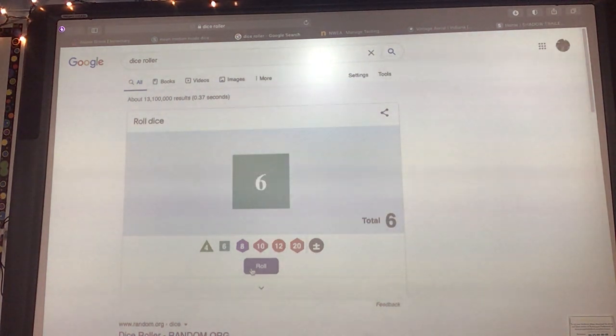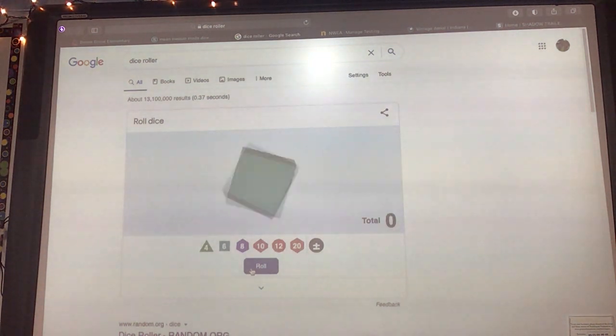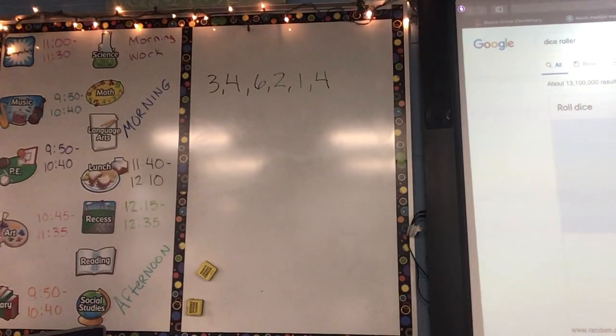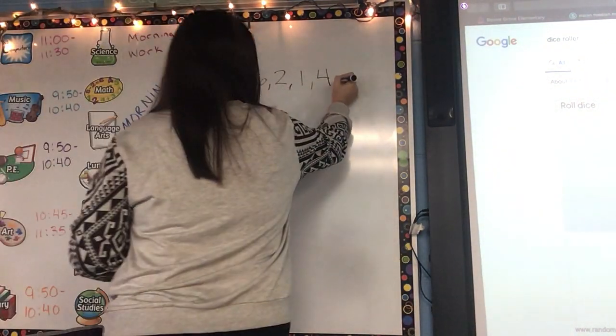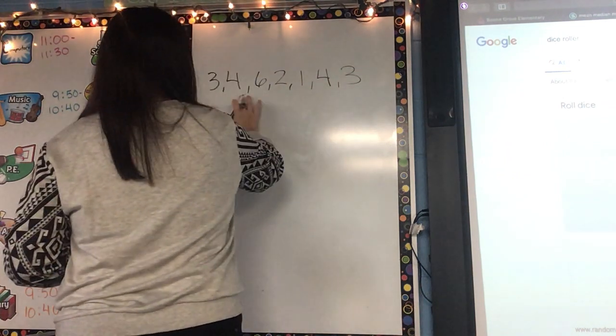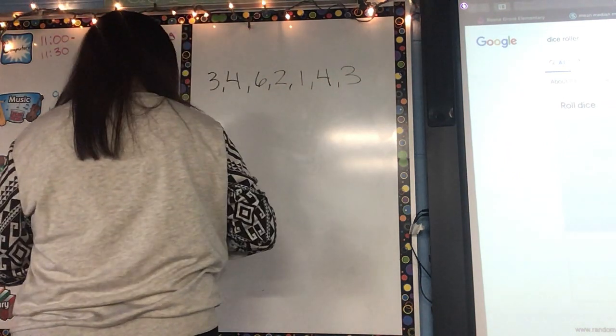A 6, a 2, a 3, a 1, a 2, and a 4. 7 dice on this one, right? One more. A 3. So in your boxes, here are the numbers that we rolled. 1, 2, 3, 4, 5, 6, 7 numbers.